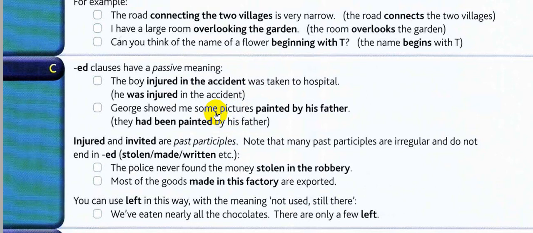Okay, حنقول pictures which had been painted by his father. تمام. أنا هيك وصفتها. طيب بدي أعملها reduction. هحذف which. ليش قلتي لي which هنا مش who؟ لأن عندي pictures something. Okay, if the adjective clause describes something you must use which or that. تمام. إذا which محذوفة، حذفنا had. تمام. حذفنا been. ماذا تبقى لنا؟ painted.